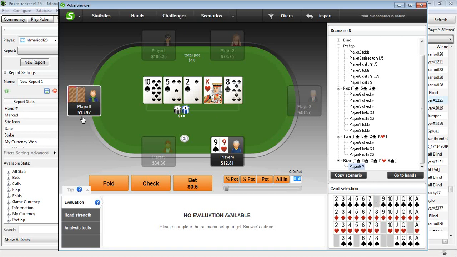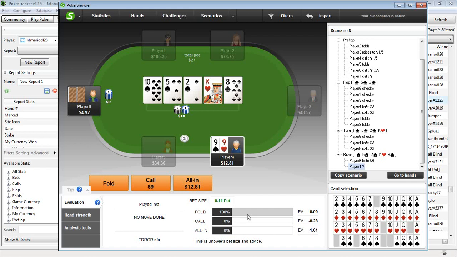He donks half pot. I fold. Super easy to figure out. This is why, again, checking is not the right play.